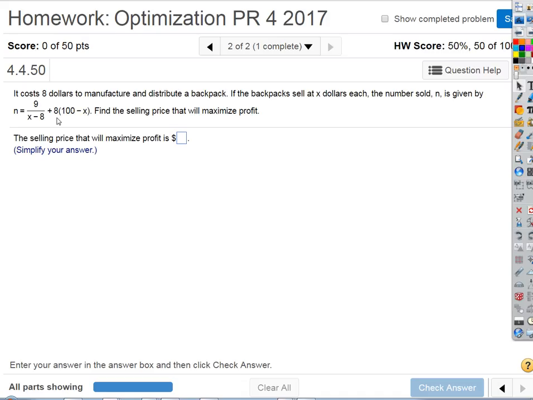And then don't you have to minus 8x? Yeah, but look here, it says it costs $8 to manufacture and distribute a backpack. So it's not going to be 8X, it's going to be 8N, right? Because N stands for the number, so 8N is going to be your cost. So profit is just going to be NX minus 8N, right?